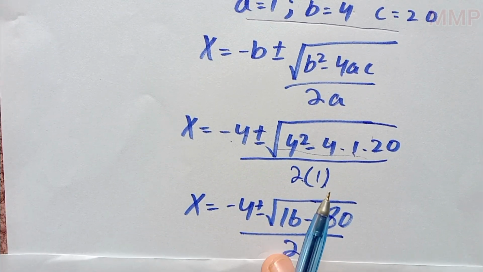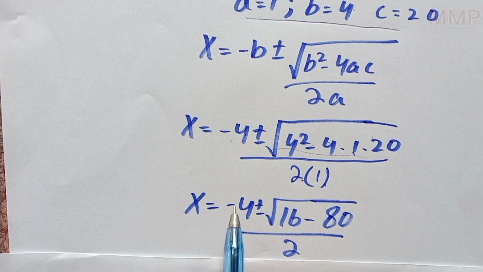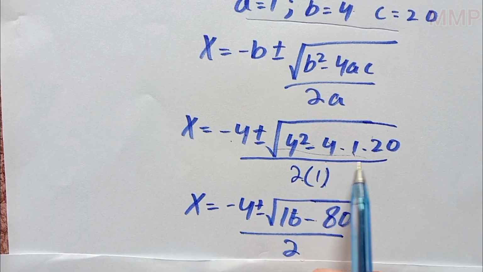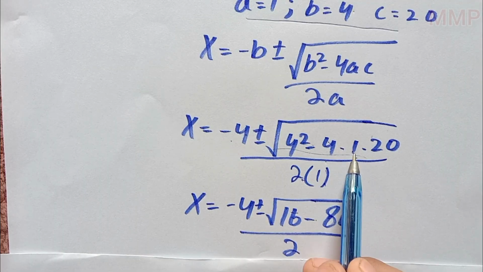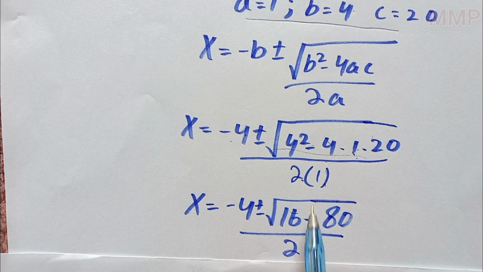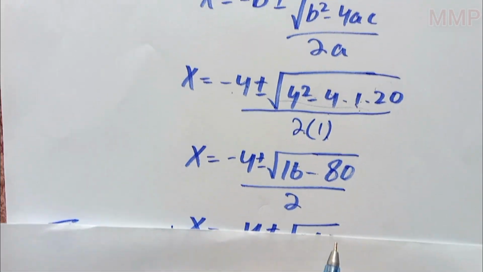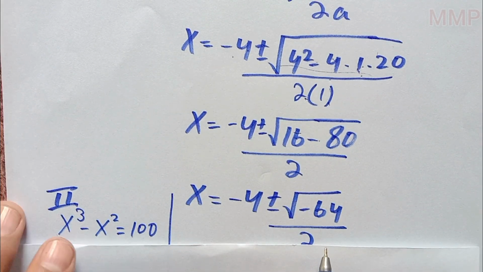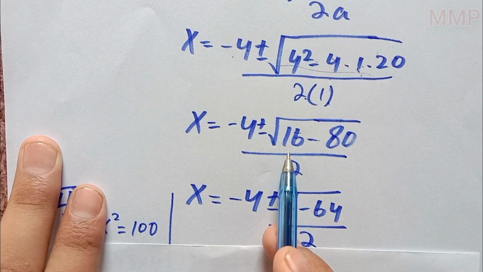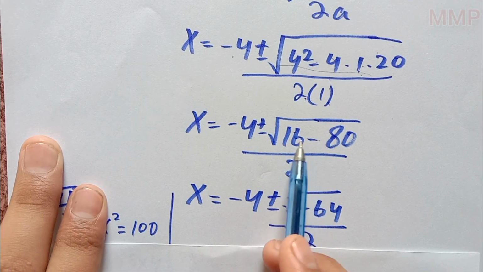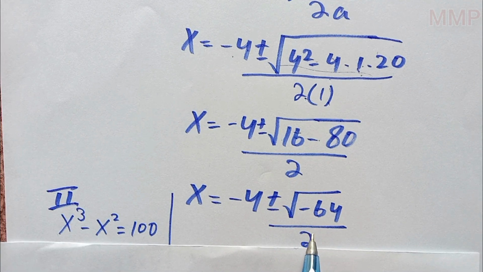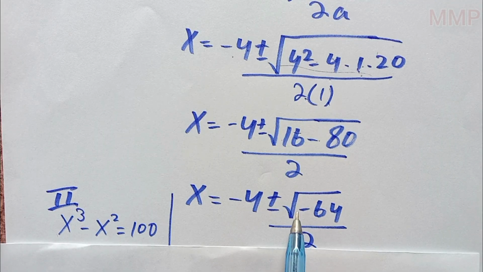In the next step we solve this. x is equal to minus 4 plus minus under root 4 square is 16 minus 4 multiplied by 1 multiplied by 20 is 80, divided by 2 into 1, which is 2. So x is equal to minus 4 plus minus under root 16 minus 80, which is minus 64, divided by 2.